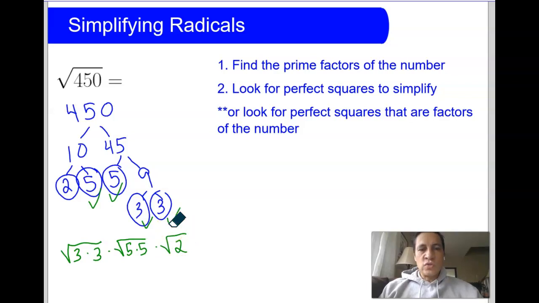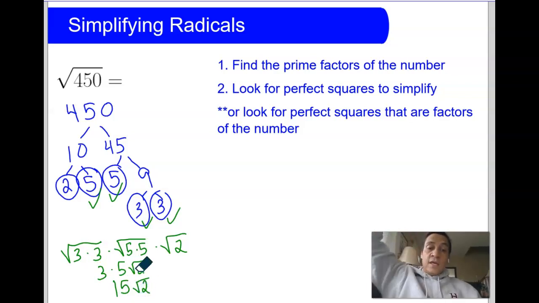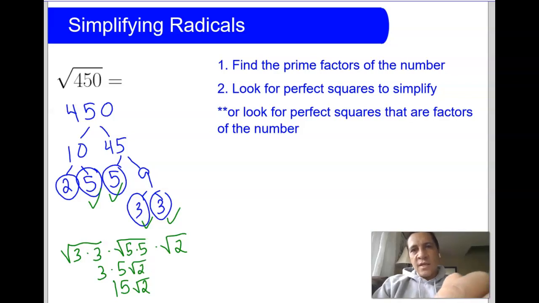And again, I'm just choosing all those prime factors that I found. Well, I know the square root of 3 times 3 is just 3. The square root of 5 times 5 is just 5 times the square root of 2. 3 times 5 is 15. 15 square root 2.